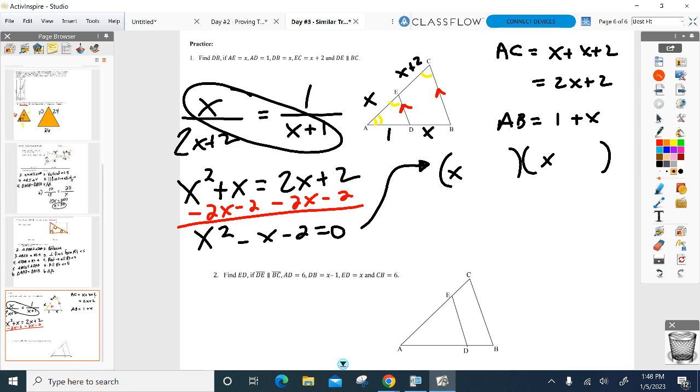I'm factoring because we're in honors and we should be factoring if we can. I also just want to point out, if you'd rather use quadratic formula, that's fine too. If you're not confident in your factoring ability here, you could also use quadratic formula. All right, what are your numbers here for me?